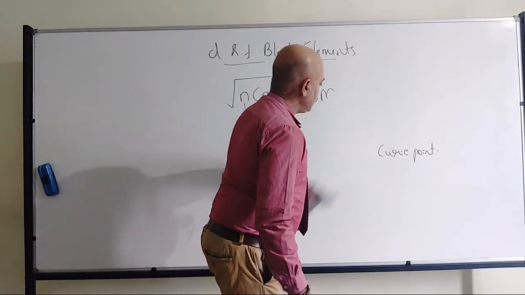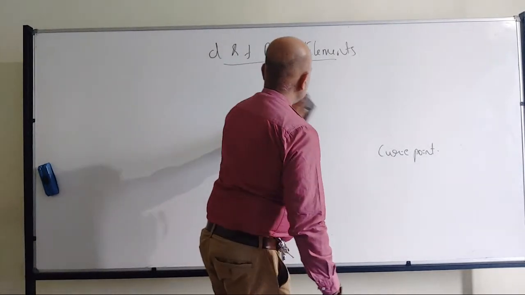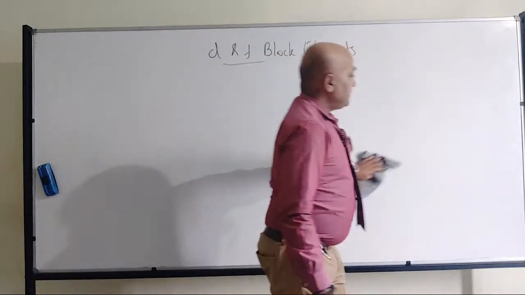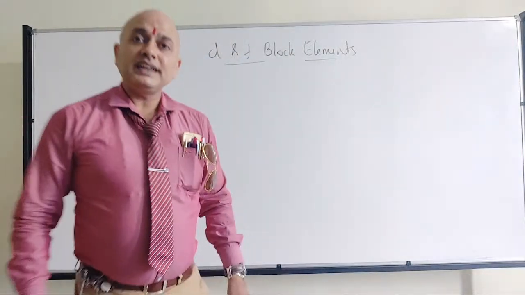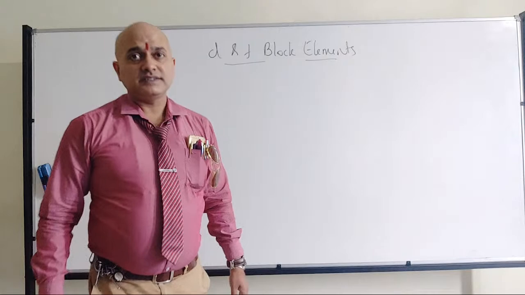That's where we have iron at 768 degrees Celsius; it will behave as a paramagnetic substance. All of you will agree? So that's what we discussed in the last class.